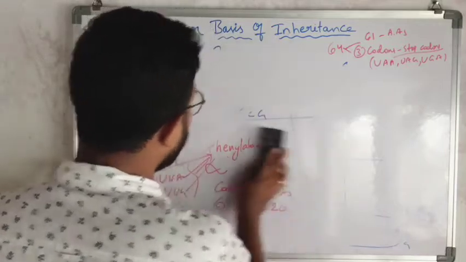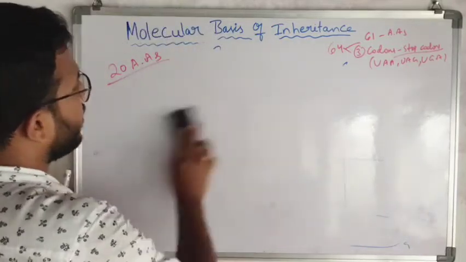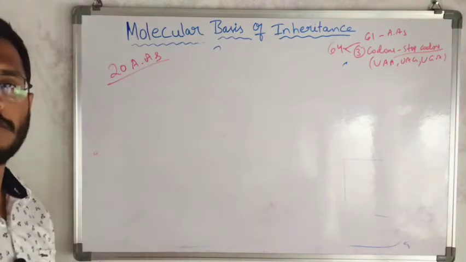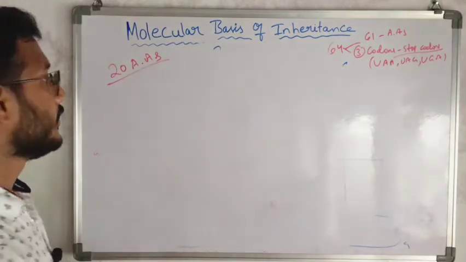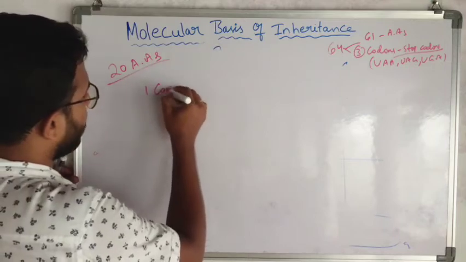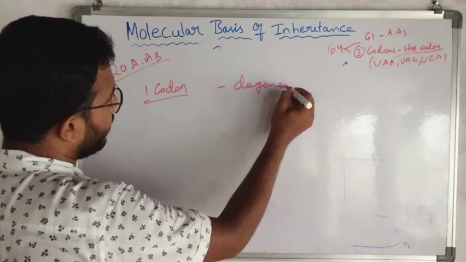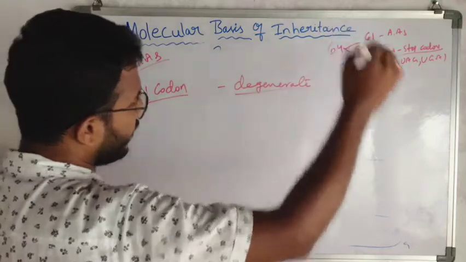So this is one property, and this is the second property. That is, one codon will be responsible for the formation of one type of amino acid. So that property is degenerate.